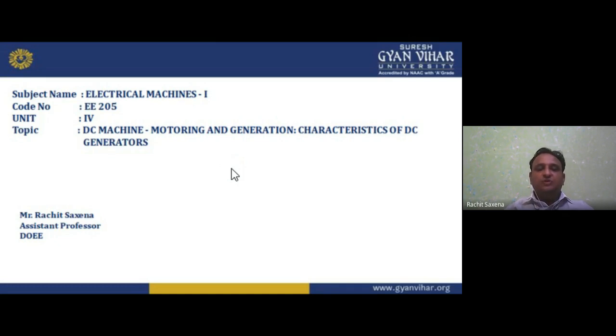There are two types of machine in electrical machines: one is the rotating machine, another one is the non-rotating machine. Rotating machines are motor and generator, and the non-rotating machine is the transformer. Rotating machines are of two types: one which converts electrical power into mechanical power, and another one which converts mechanical to electrical power.